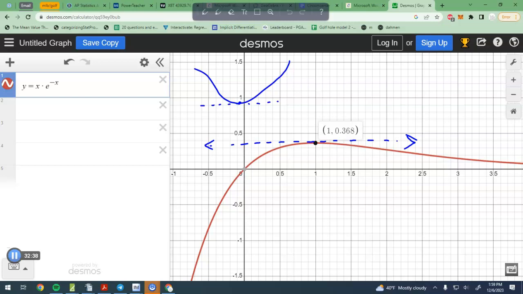So for number 4, it's an overestimate, and the justification is because f is concave down. While your line stays straight, you're curving down and down, which makes your line an overestimate.